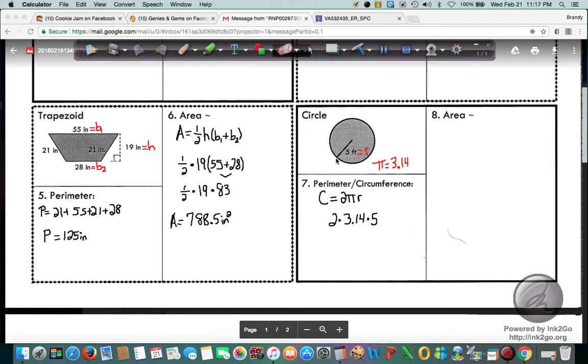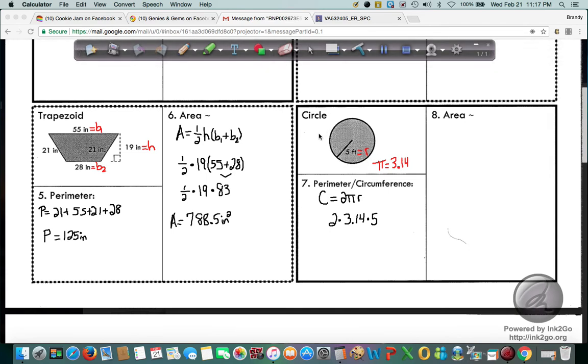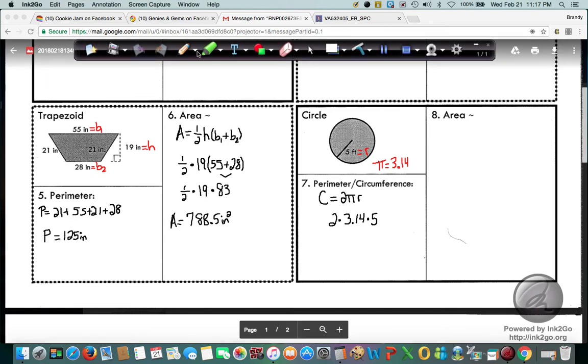That means if I start here and I walk all the way around this circle, I would get 31.4 feet, my bad, 31.4 feet. And the reason it's not feet squared is we just used radius one time, right? We didn't multiply more than one dimension.